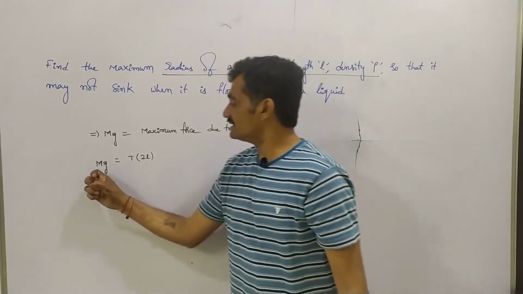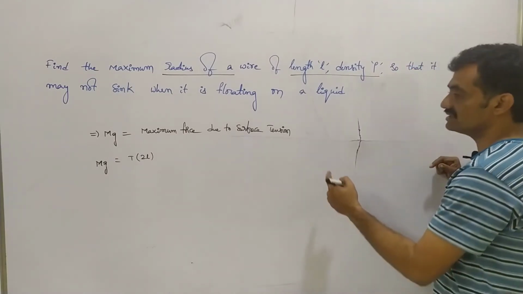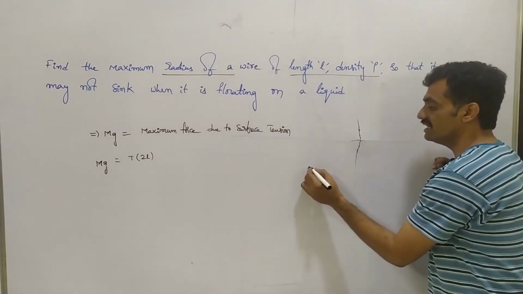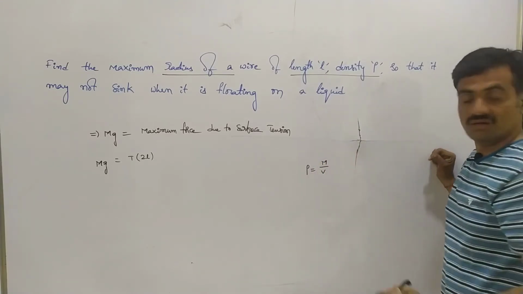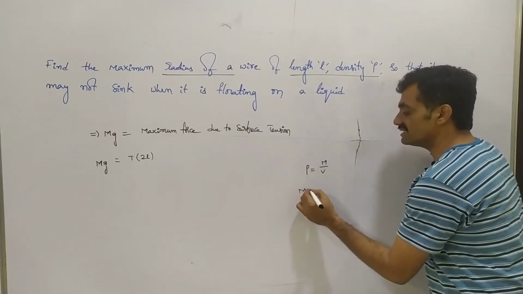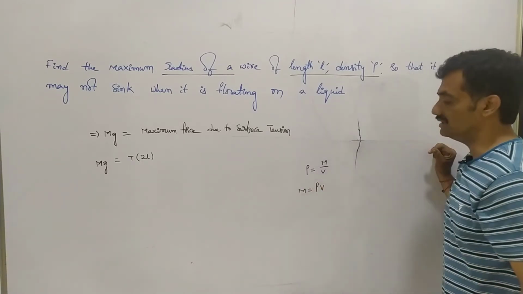Whereas the mass is represented in terms of density. Why? Because here we are given the density. Observe that density equals mass by volume, so mass is given as density into volume.